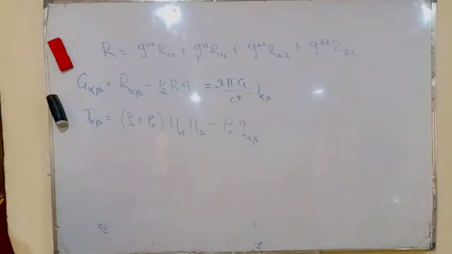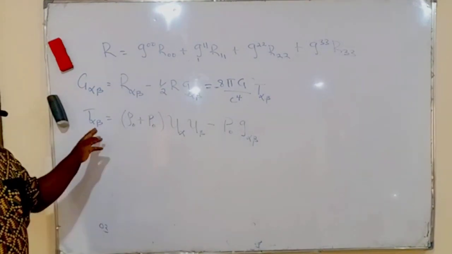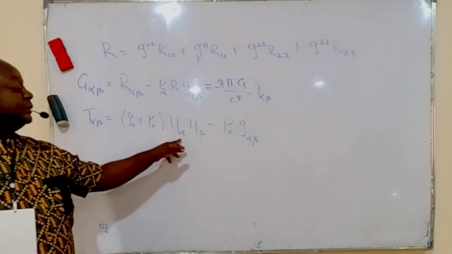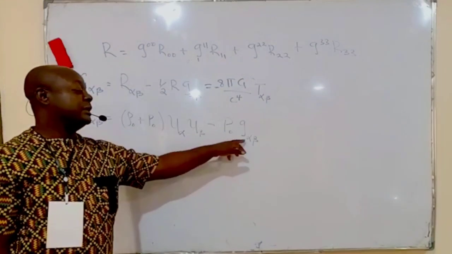So you can get your T00. T00 will be when this is 0, this is 0, and this is 0.